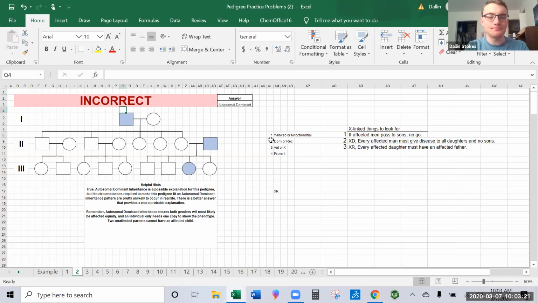Okay, if it's autosomal dominant, then he has to have at least one big R, and he also has to have a little r, because all of his children have to come out little r, right? So they're going to have to be little r.